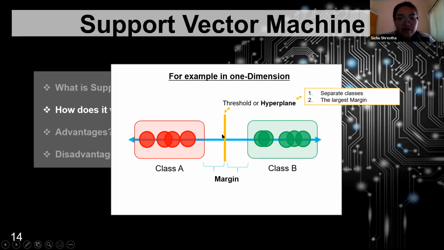So now we can separate the classes and find the hyperplane and margin. Margin is the distance from the nearest sample to the hyperplane. So the two margins have the same value.